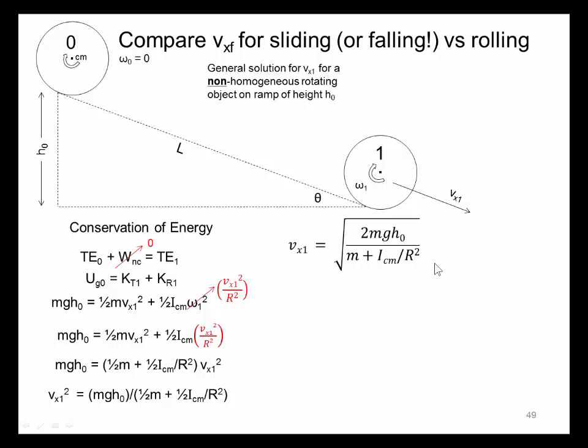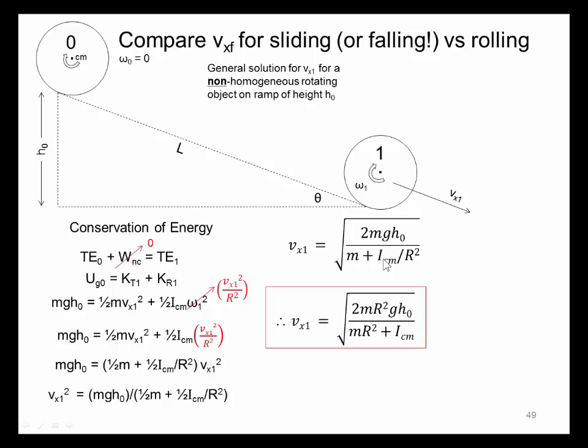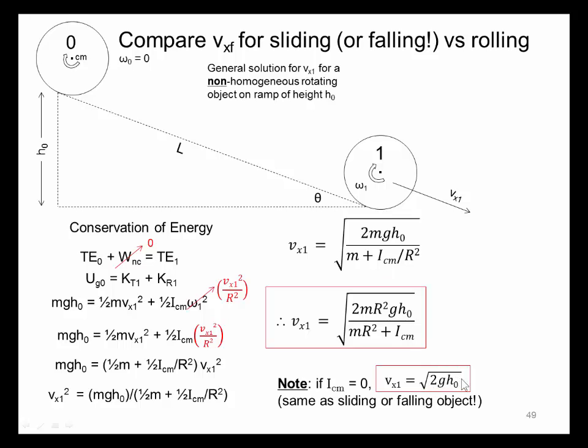But we can take a look at this now and compare. Once again, if we have a sliding object, we have no rotation, so our I goes to 0. And we come up with the square root of 2gh, as before. So it turns out that whether we're rotating or sliding, the same result can be used. Of course, I would not try to do this calculation for a sliding object using rotational energy because it takes too much time.